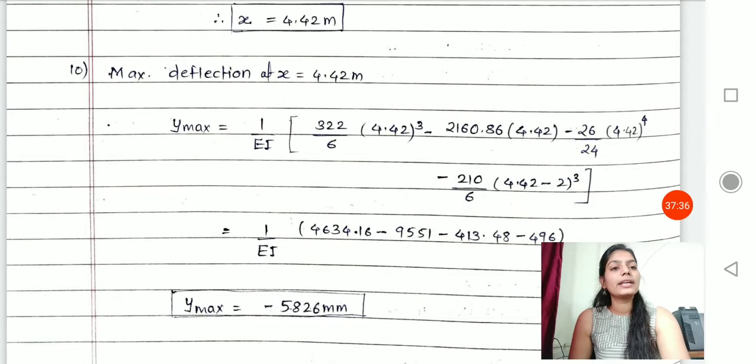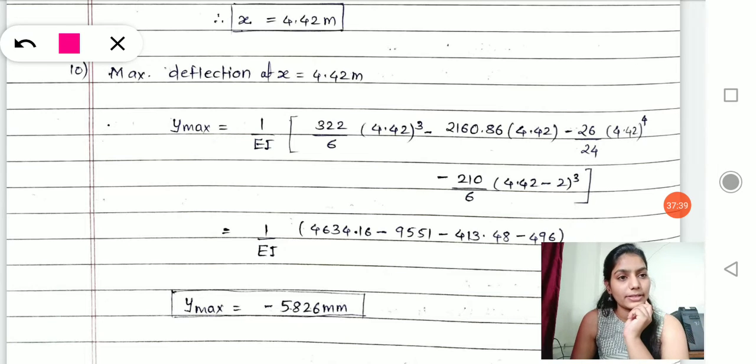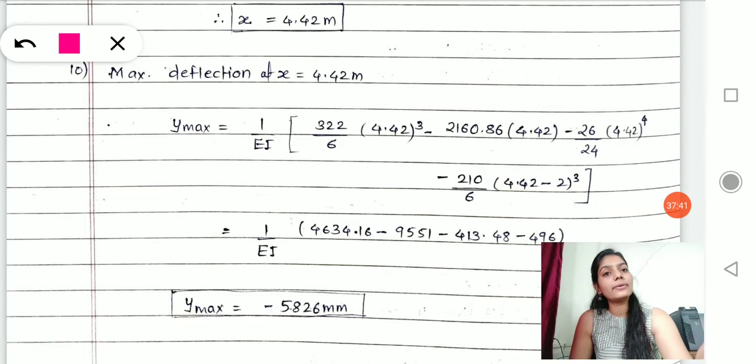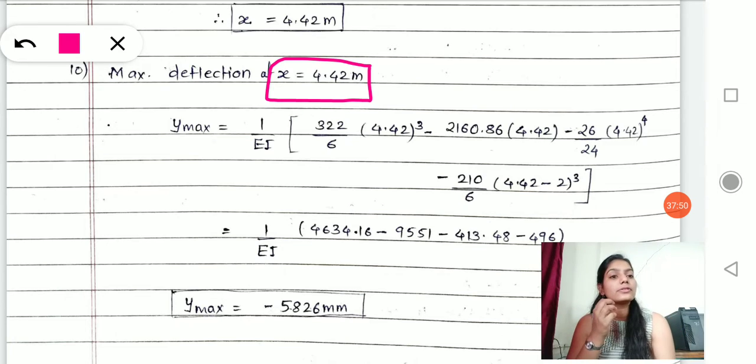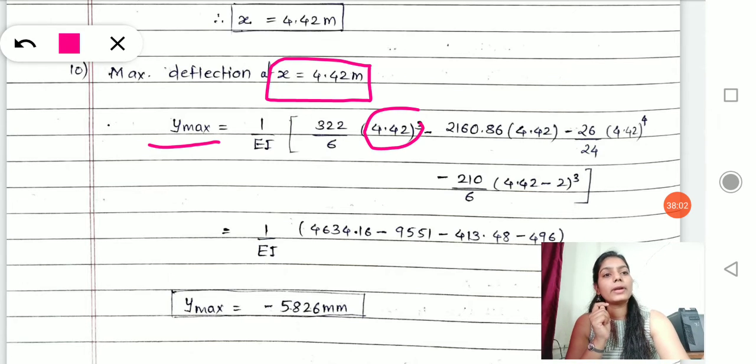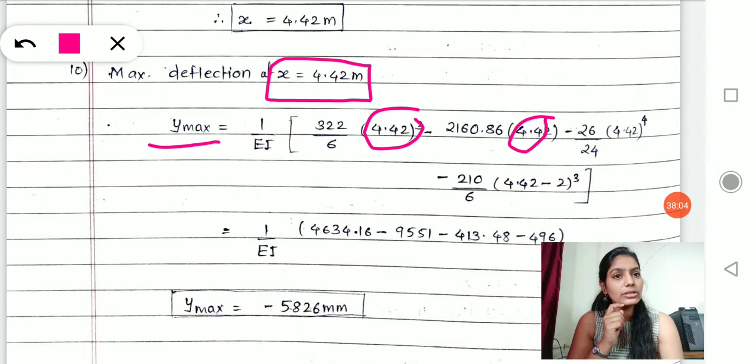Now, the next task is very simple, calculating maximum deflection, where you will calculate at a distance x equals 4.2 meter, because that is the point where slope is 0. There you take the deflection equation, put x equals 4.2 in that equation, and use it up to the 4.2 meter distance only.